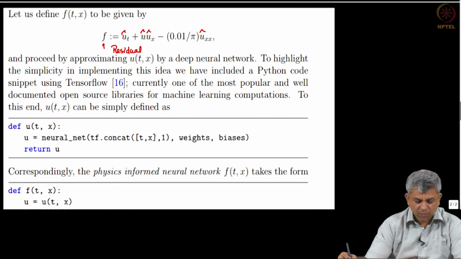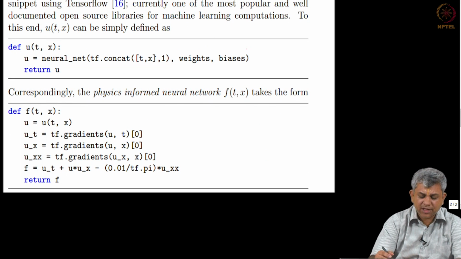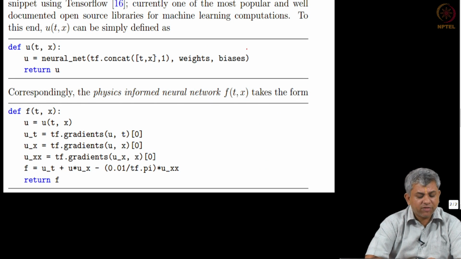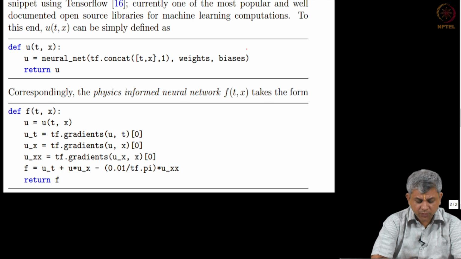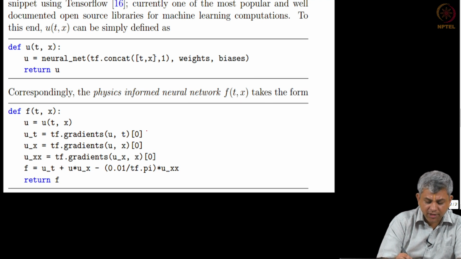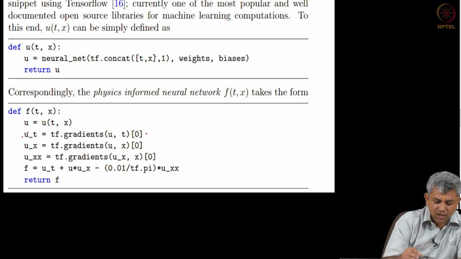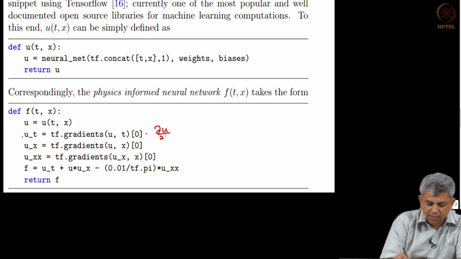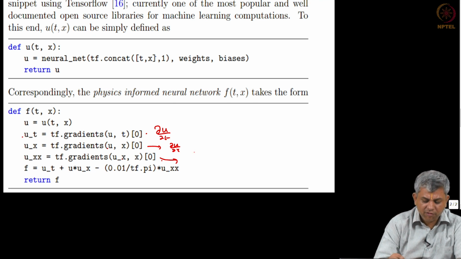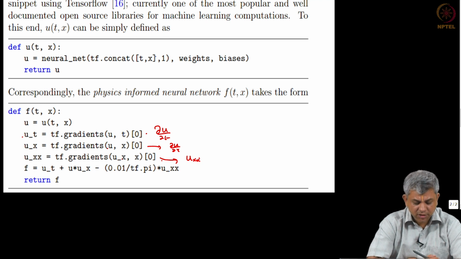Okay. So, here are just some sections that they have, the definition of how they have defined the neural network, and also how they have found out the gradient. So, you see here, this here is del u del t, this is del u del x, and this is a gradient of a gradient they have found out. This is automatically available within TensorFlow.